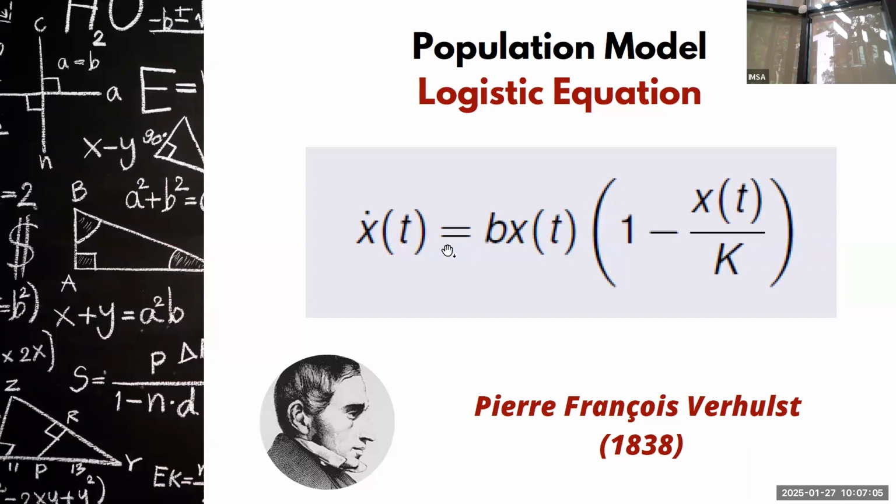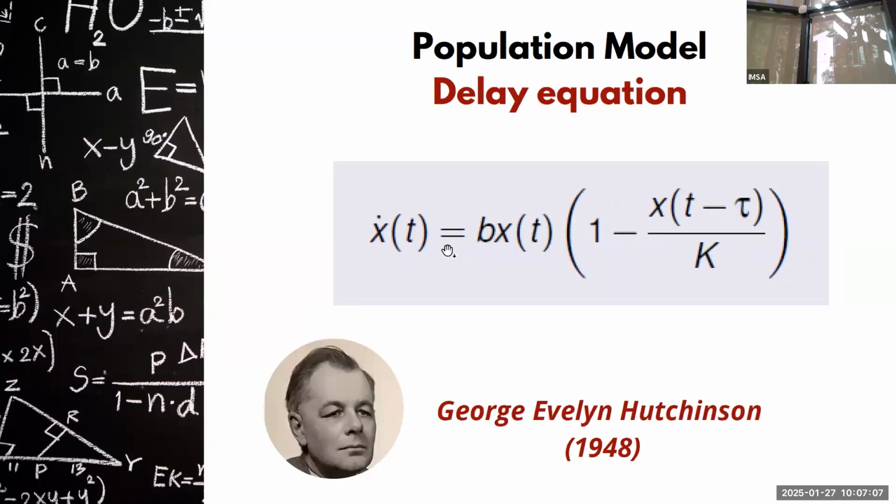After that, Hutchinson was one of the first to realize that something was missing in this model. When we think about a population model, there is a time between birth and entering the maturation process.